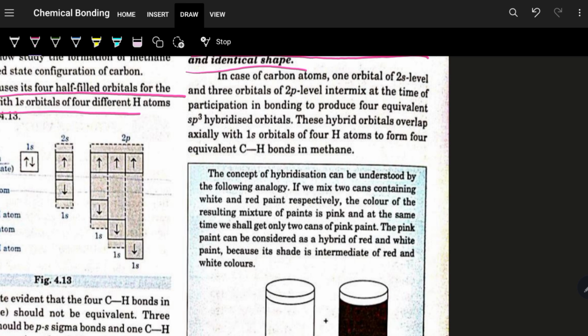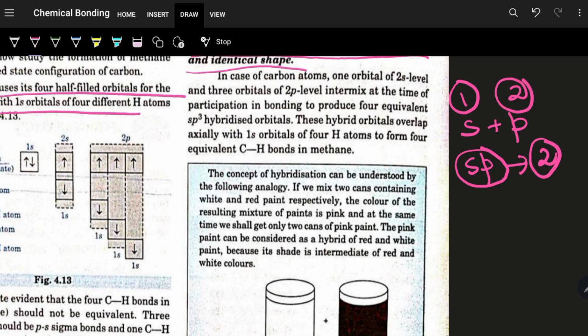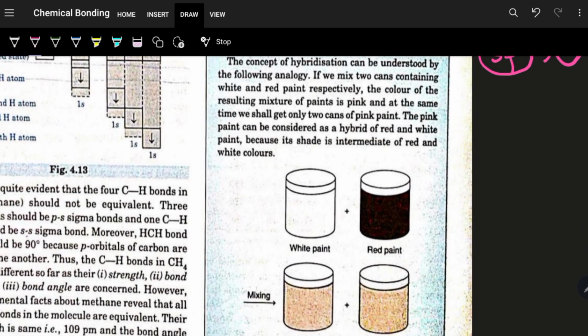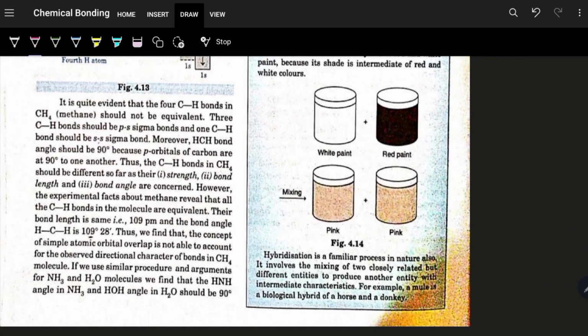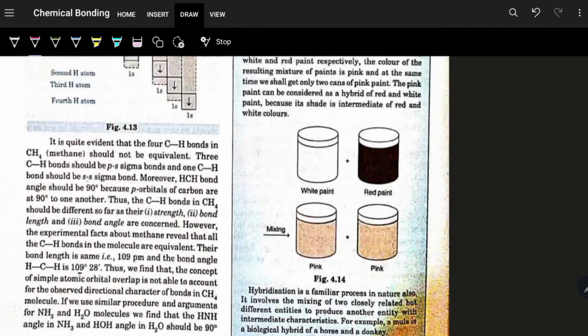Like if I say sp, 1s and 1p gives you sp. So here sp hybrid orbital, how many will I get? I will get 2 such, because 1s and another p is combining. Now if I say sp2, 1s and 2p, so hybrid orbital I will get 3. If I say sp3, so 1s and 3p will give hybrid orbital equal to 4.